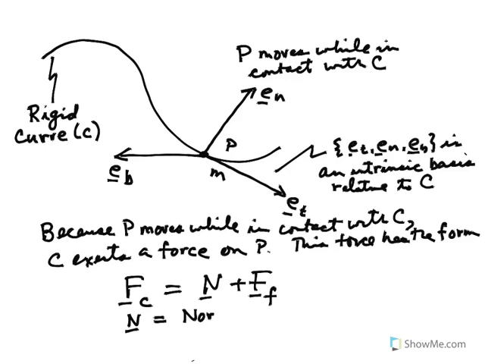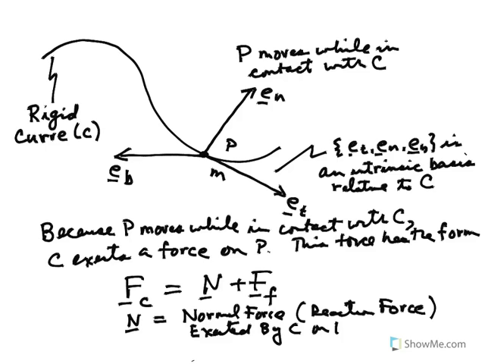I called it the normal force, which is the reaction force exerted by C on P, and F sub f is the friction force. We're going to do the friction force first. The friction force has the following model in the case of a curve. It's going to equal some coefficient b times the tangent vector. And that's the tangent vector to the curve.